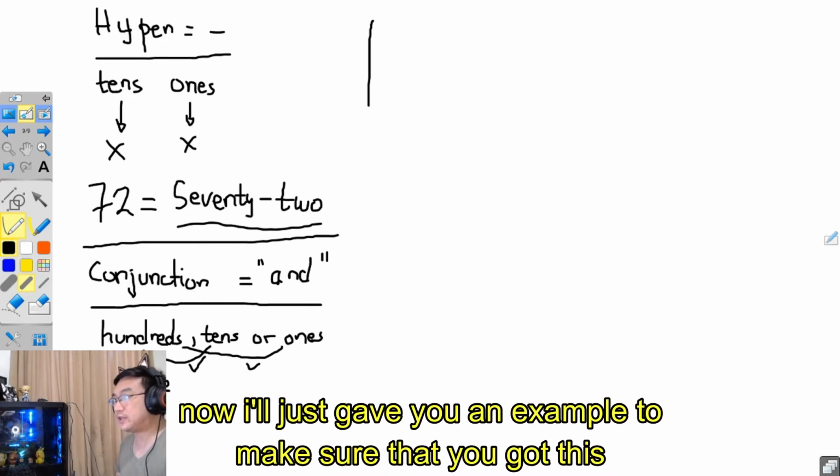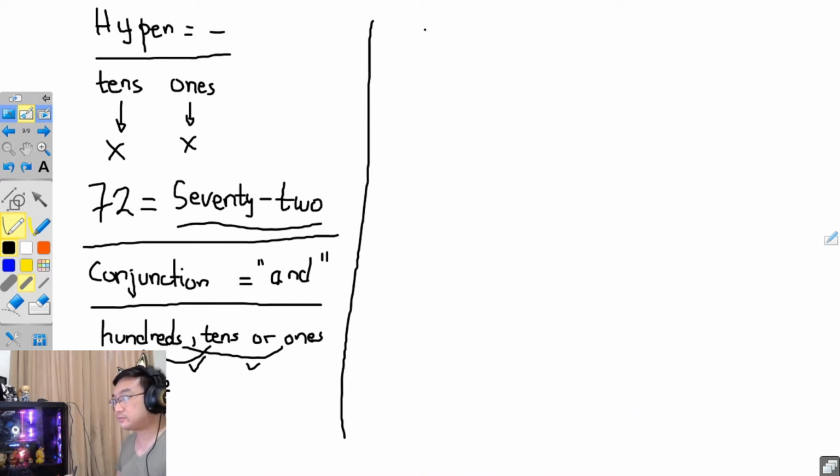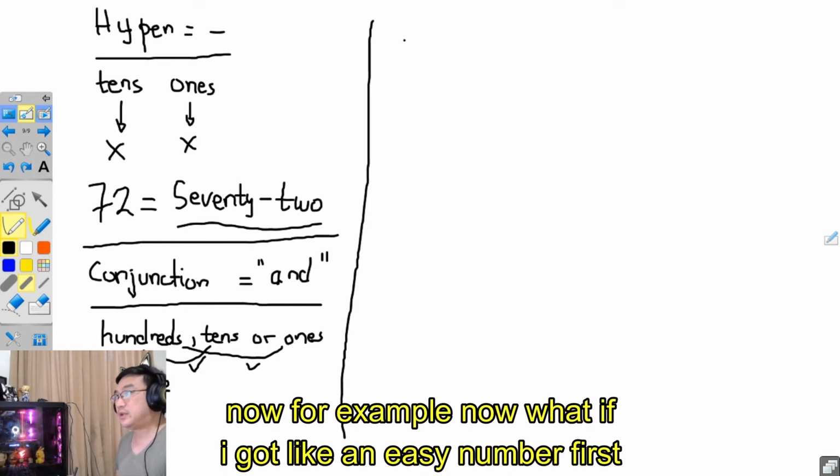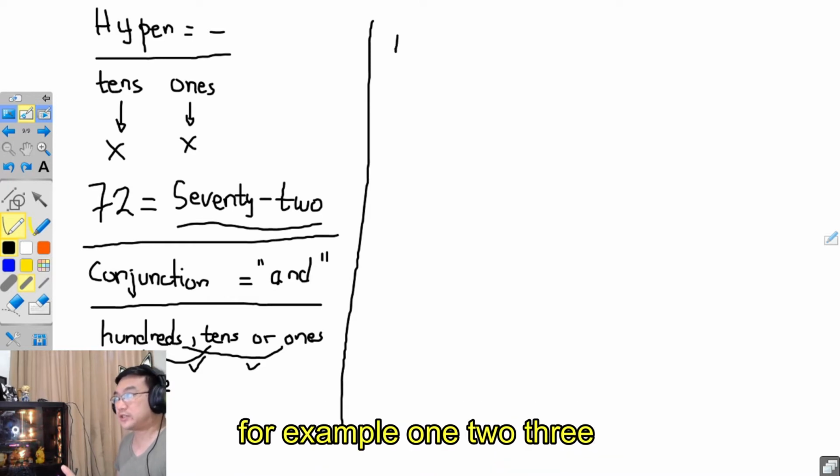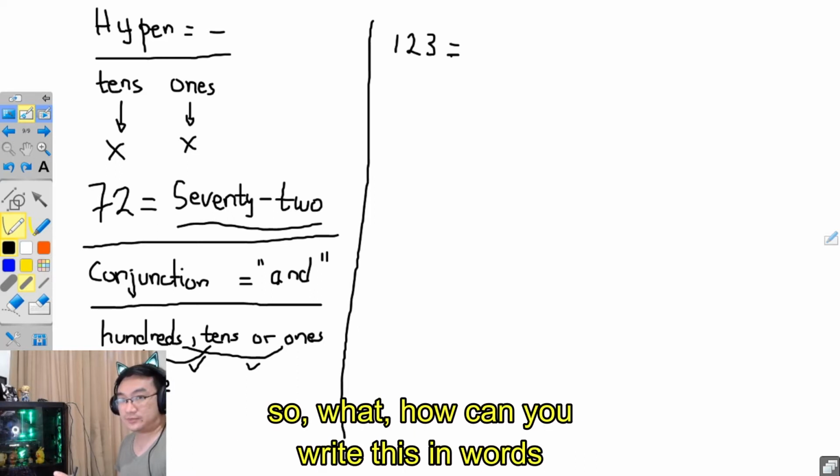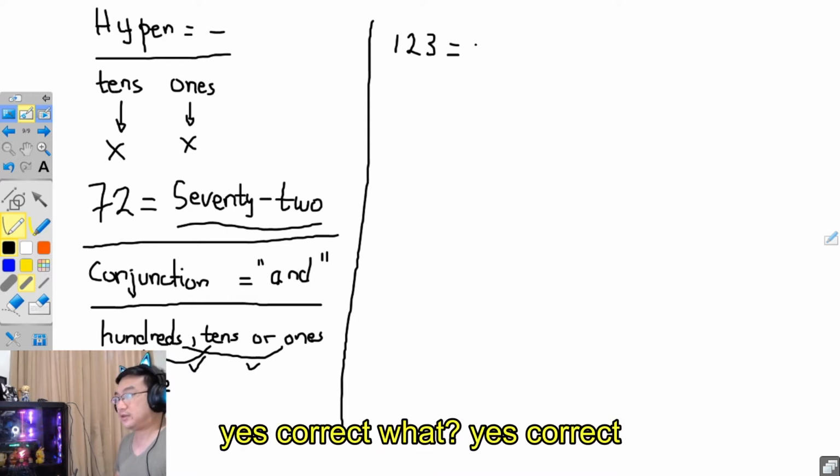Now I'll just give you an example to make sure that you got this. Now for example, what if I got an easy number, for example 1, 2, 3. So how can you write this in words? Yes, correct.